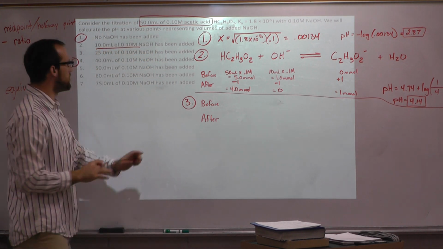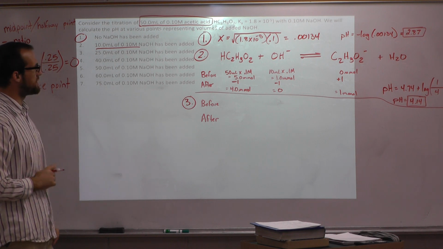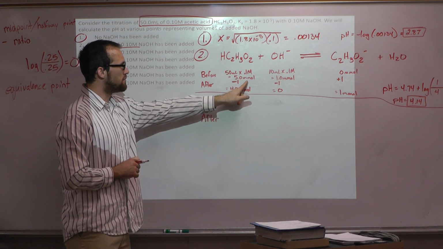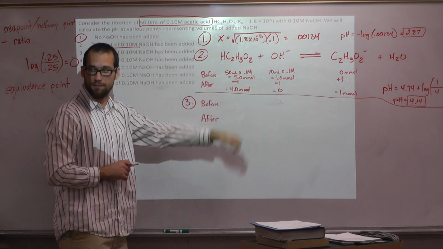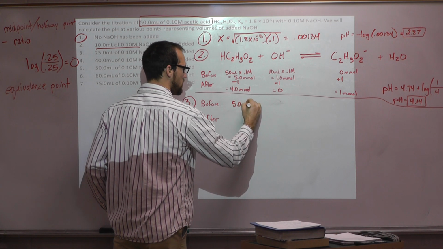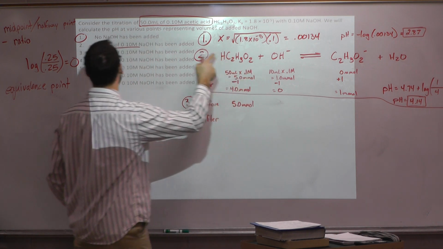Okay, all the way throughout, before I get to the equivalence point, isn't my starting millimoles of my weak acid going to be the same? So I'm just going to put 5.0 millimoles. Now I have more of the base here.